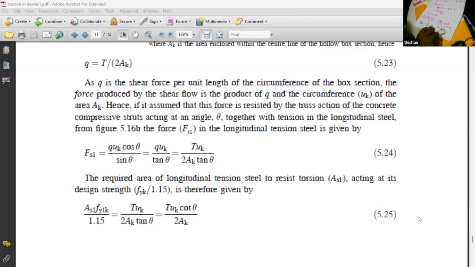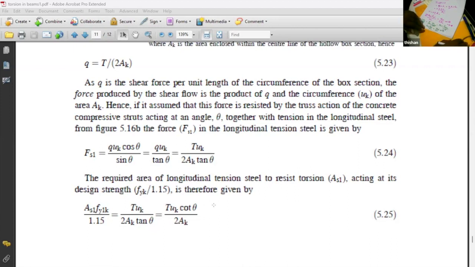And so you'll see it gives Asl fyd over Uk equals T Ed over 2Ak cot theta.